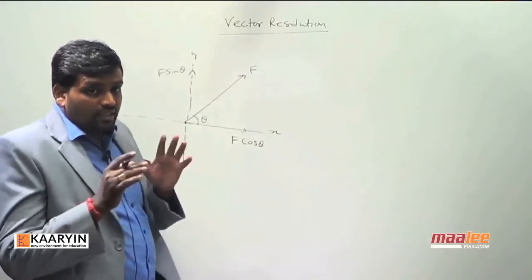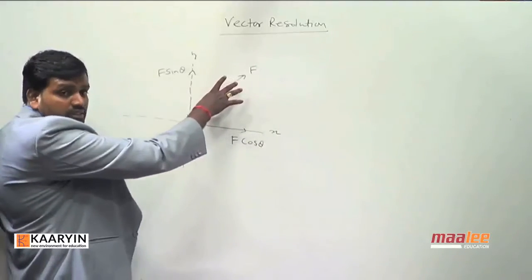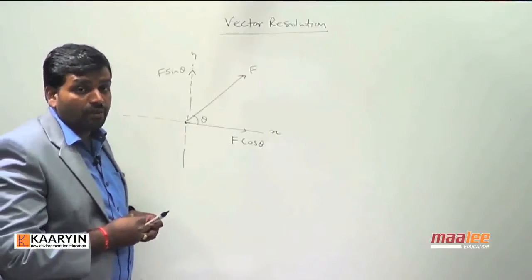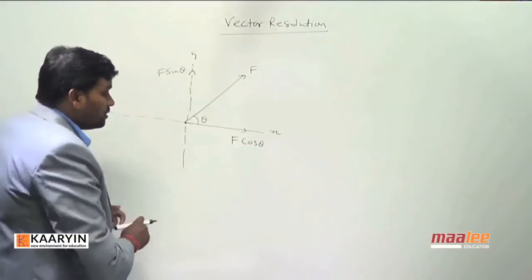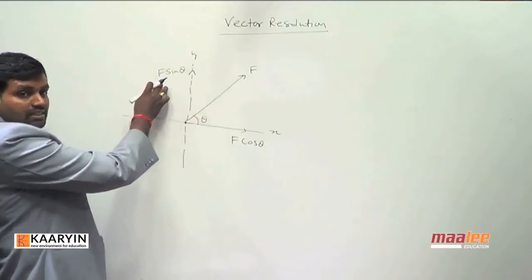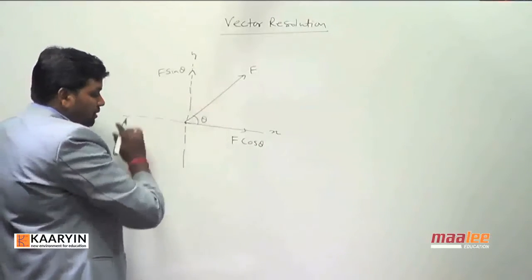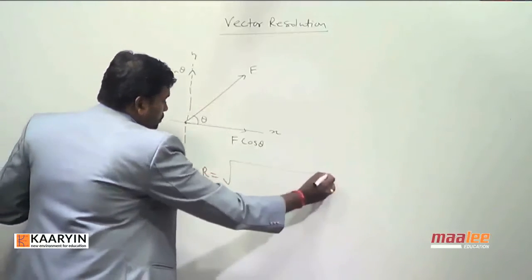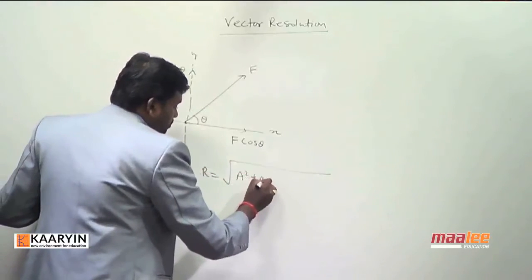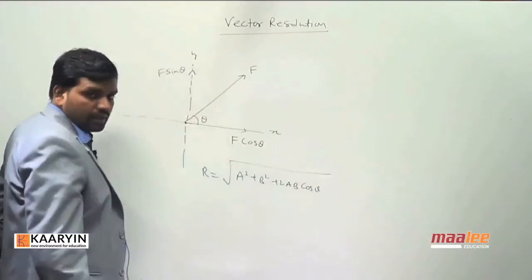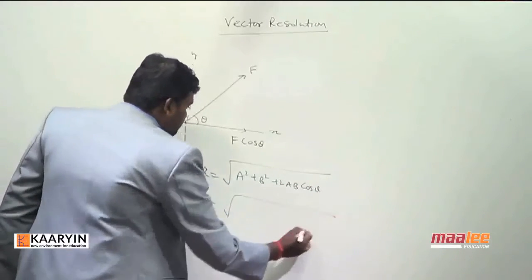And see, the net effect of this force and the net effect of these two components will be the same. I can prove that also. Suppose this F cos theta and F sin theta are there. If I have to take the resultant of both, then the formula for resultant is root of a square plus b square plus 2ab cos theta. So what is a?